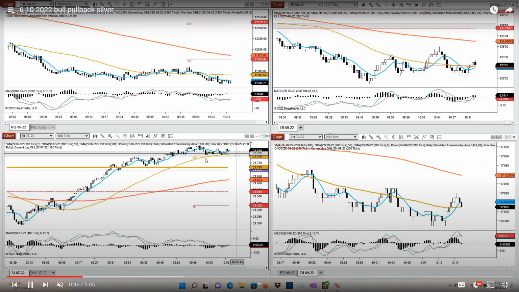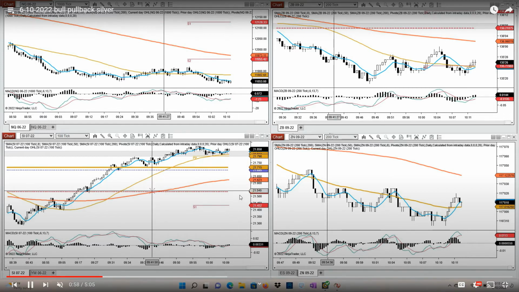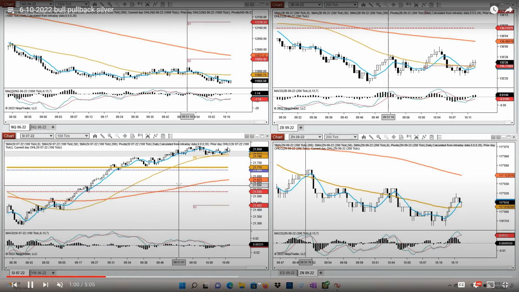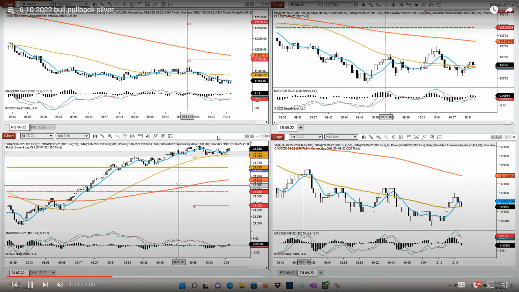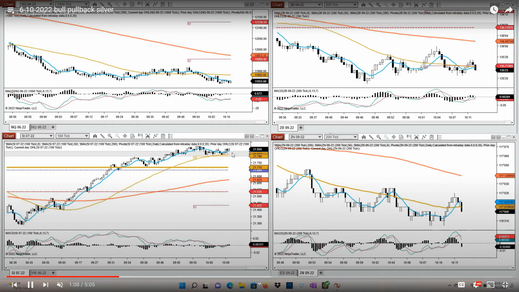And we're touching that 50. And I got a double test and some bullish divergence on MACD. So I'm getting like three, four, five confirmations all at once. And then boom, right out of the demand zone, I'm getting a bullish candle.